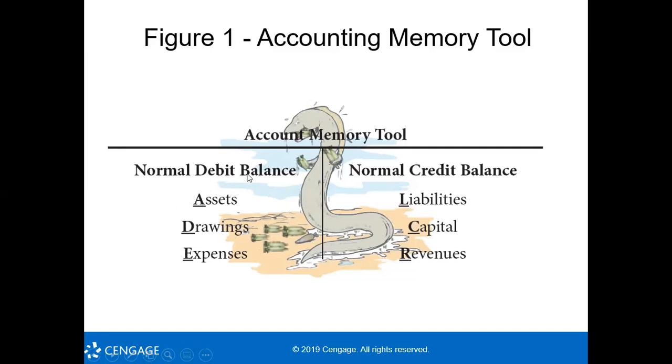They have a normal debit balance. So they increase with a debit, decrease with a credit. Where liability accounts, capital accounts, revenue accounts all have a normal credit balance, which means they increase with a credit, decrease with a debit.